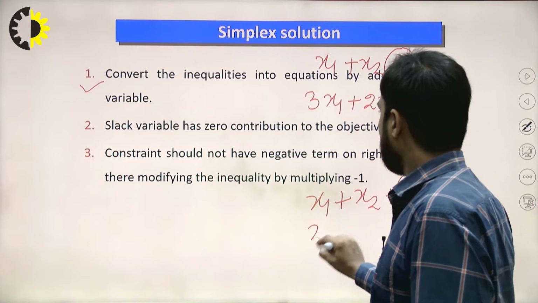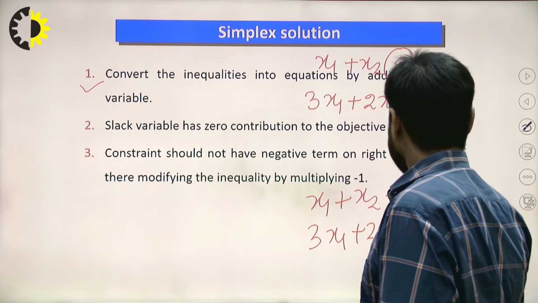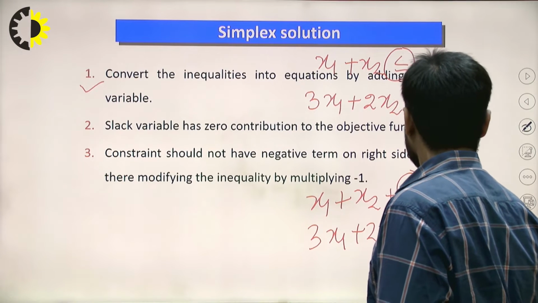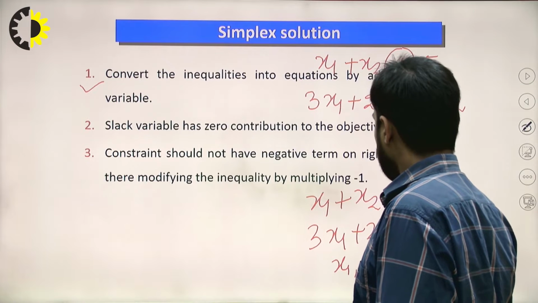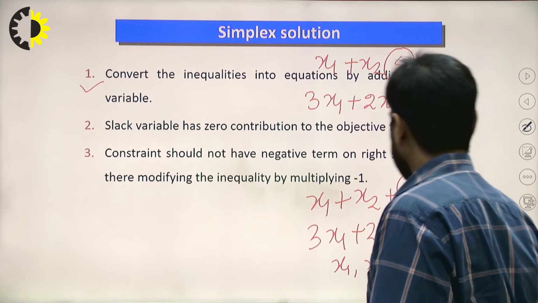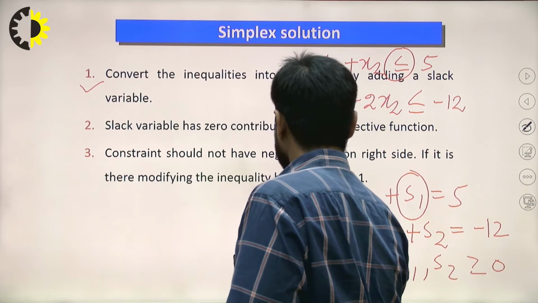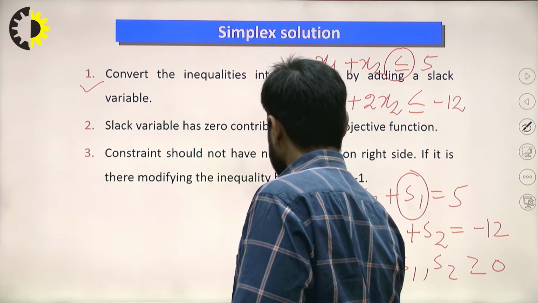Again, I can write 3x1 plus 2x2 plus s2 is equal to -12. Now the variables x1, x2, s1, s2 are greater than or equal to 0. This is the non-negativity restriction.